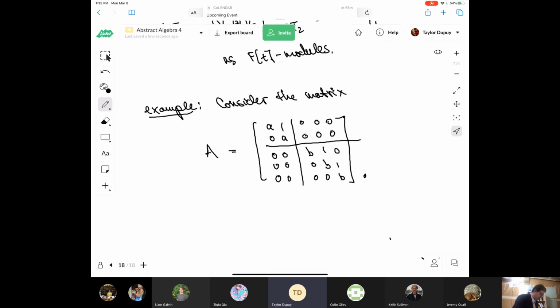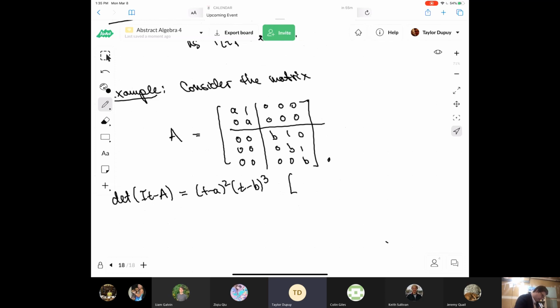First of all, for block diagonal matrices, the determinant is the determinant of the blocks, so the characteristic polynomial here is the product of the characteristic polynomials of the blocks.